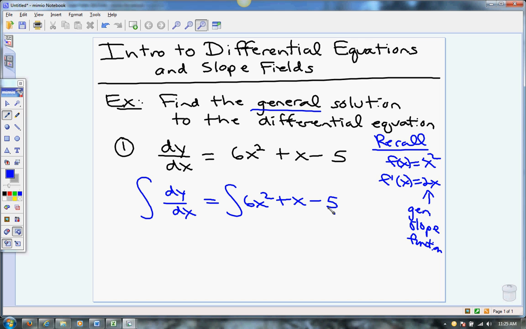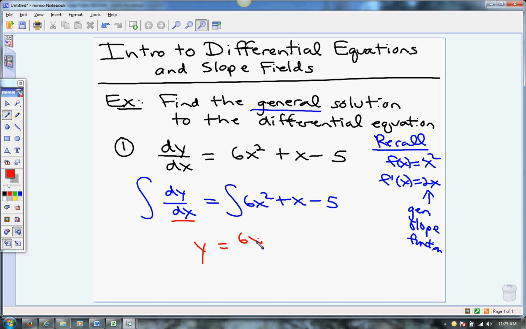Now, if you remember, dy/dx is just another expression for the derivative of something, right? So if I integrate a function whose derivative is dy/dx, then I'm just going to get the function, which is y. That's easy enough. The right side is fairly easy. It's a fairly easy antiderivative.